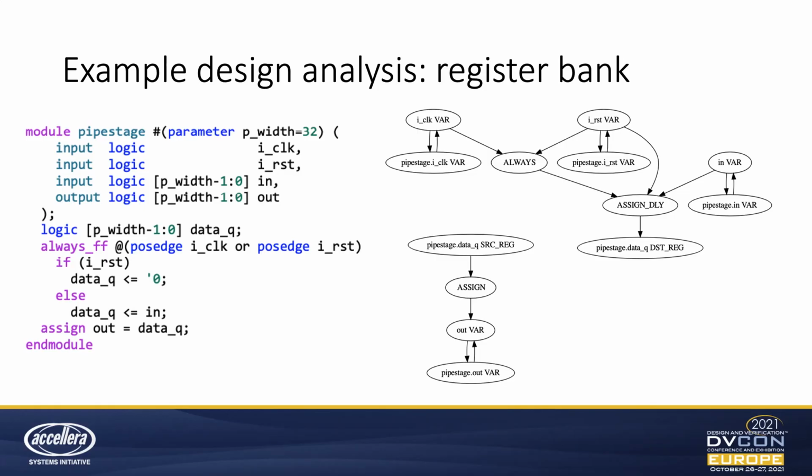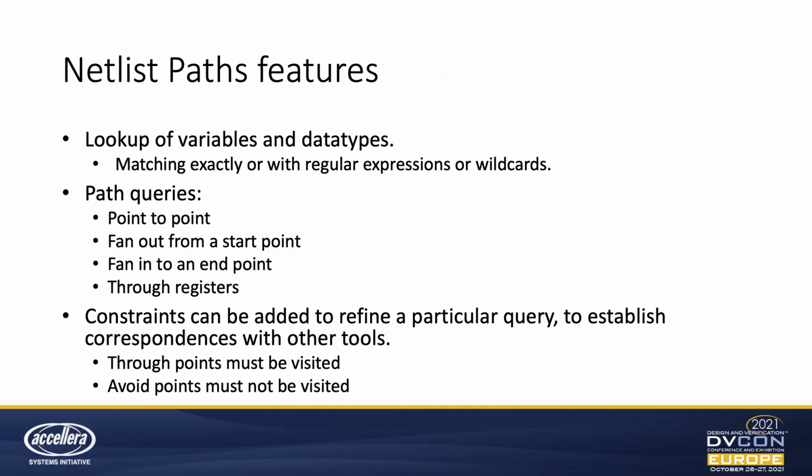So this is really the main data structure that Netlist Fast builds. Just to outline the features of the API: you can look up variables and data types. You can match these exactly or with regular expressions and wildcards. You can query paths, and I'm going to give an example of this in a minute. You can look at paths from point to point, at fan-out paths or fan-in paths, and you can also choose to have paths run through registers or start and stop on registers.